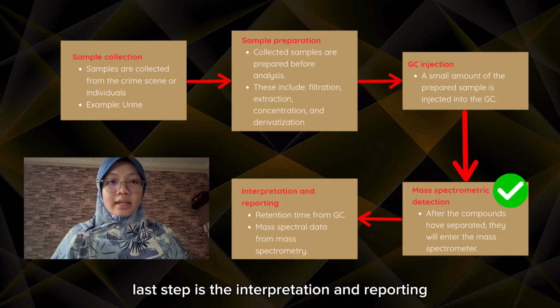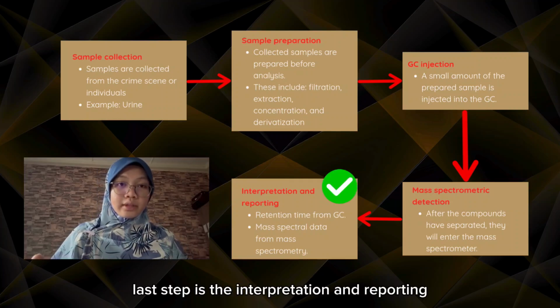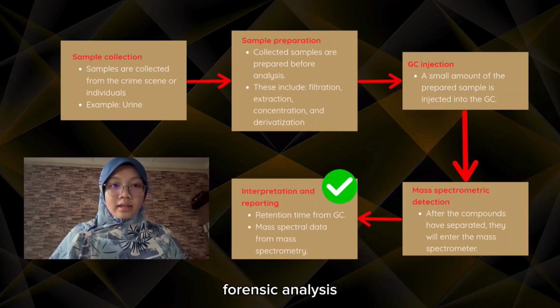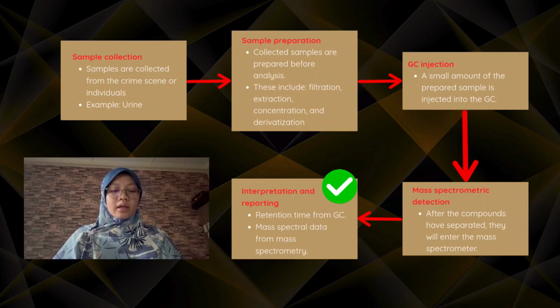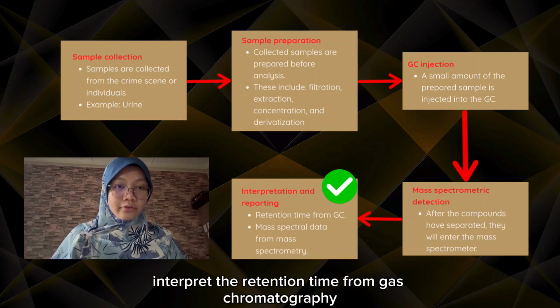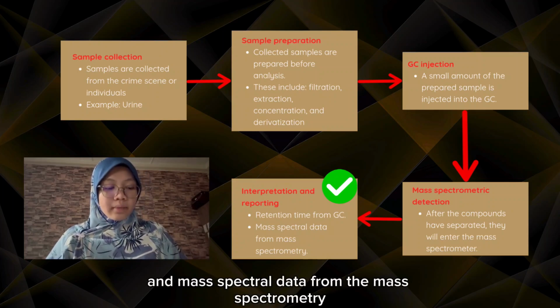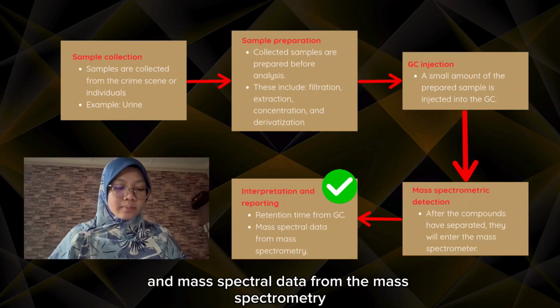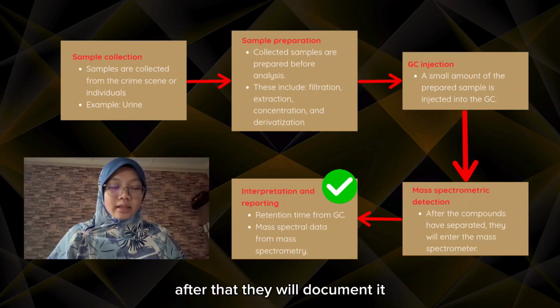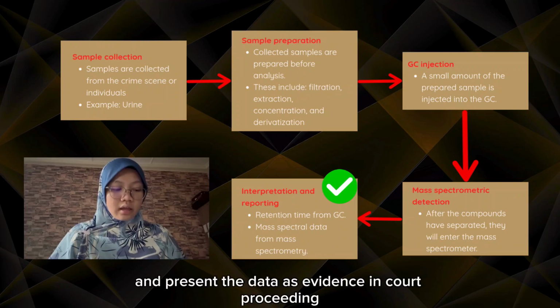The last step is interpretation and reporting. Forensic analysts will interpret the retention time from gas chromatography and the mass spectral data from the mass spectrometer. After that, they will document it and present the data as evidence in court proceedings.